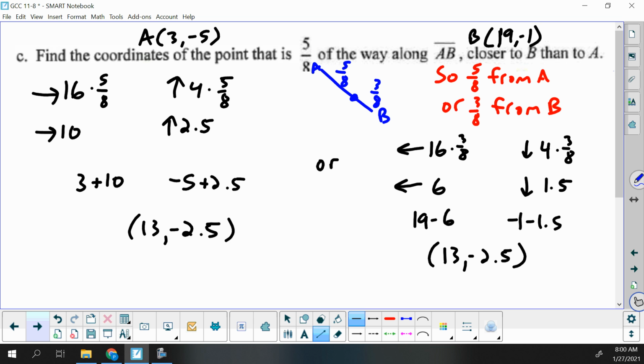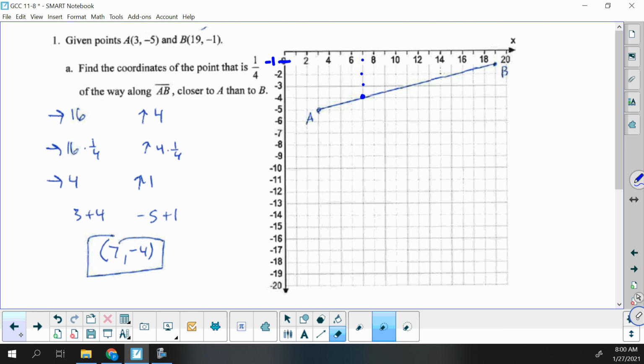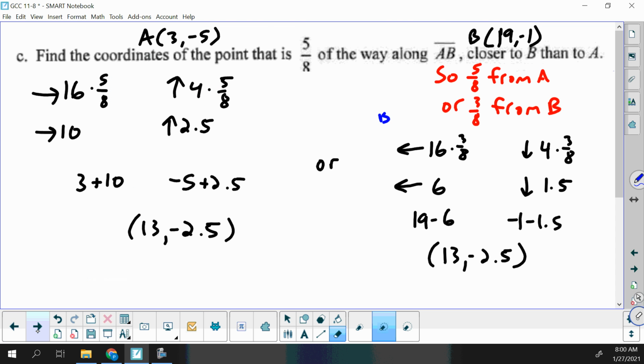But if you thought of it as 3/8 from B, well now when you go from B to A, oops, I actually drew this wrong, because in our picture, the line looked like that. So there we go. There's A and B. So if you're going from B to A, you're going left and then down.